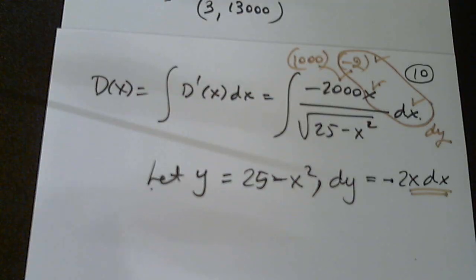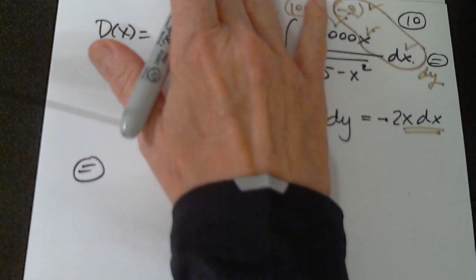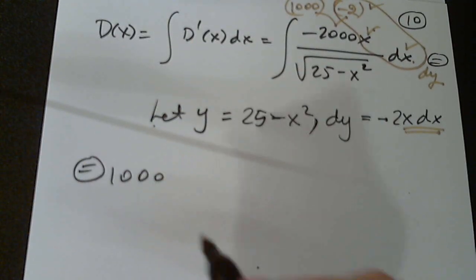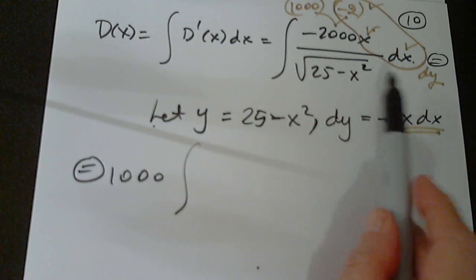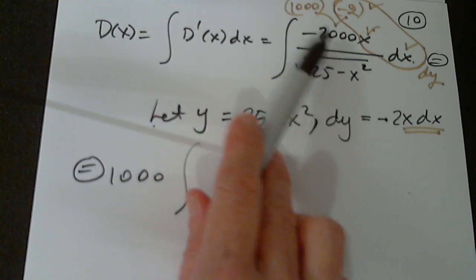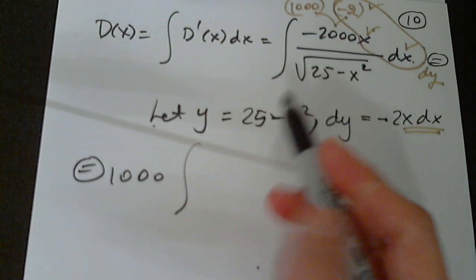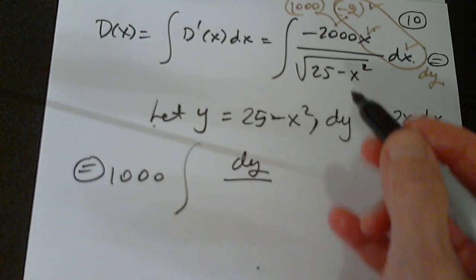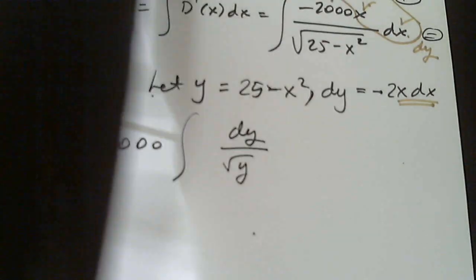So 1,000 goes outside. The integral, again, the numerator is, so 1,000 is out. This is just negative 2x and dx. So this is dy. And the denominator is the square root of y.